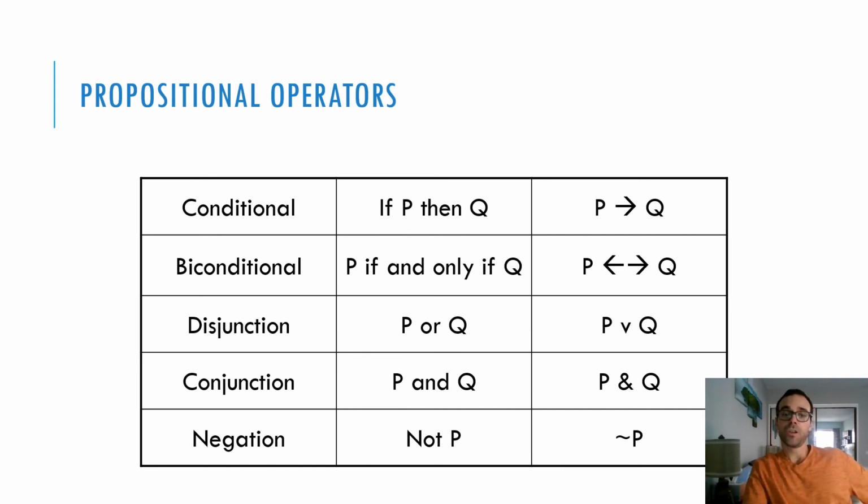So with these 5 symbols, we can break down arguments, we can break down paragraphs of information into symbols and letters, where each letter represents a simple proposition, and then a letter with a symbol and another letter, or a letter with the negation symbol, will represent a complex proposition.